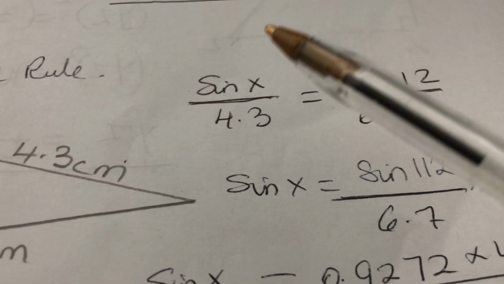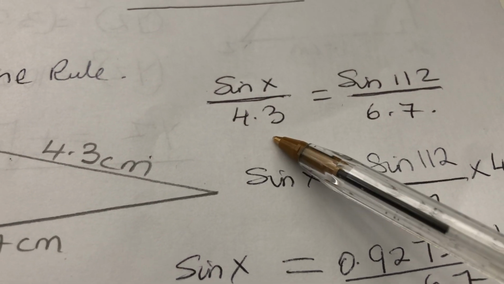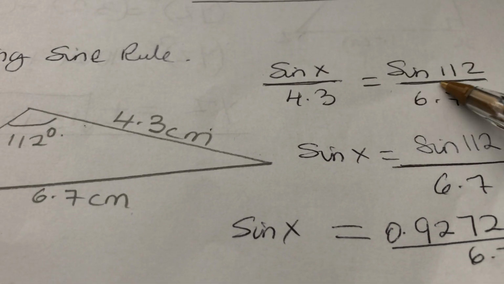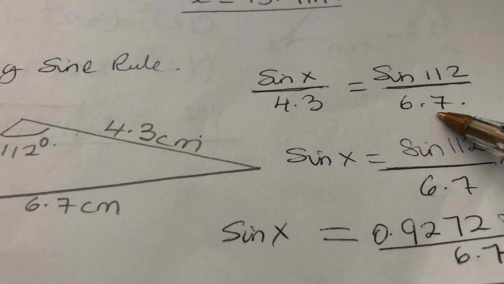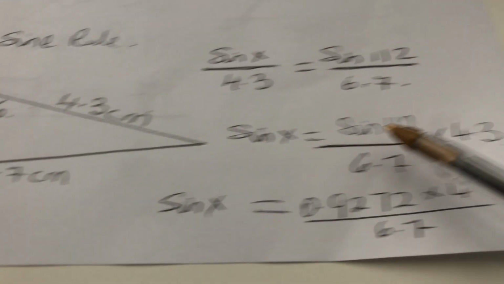So now sine x divided by 4.3 will be equal to sine 112 divided by 6.7. That is the diagram we are using.